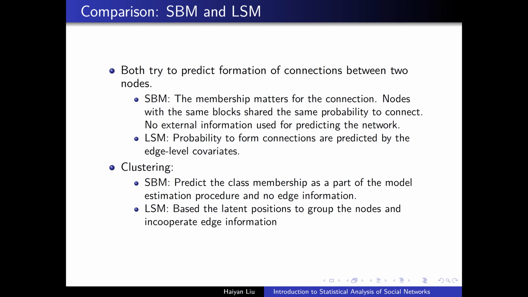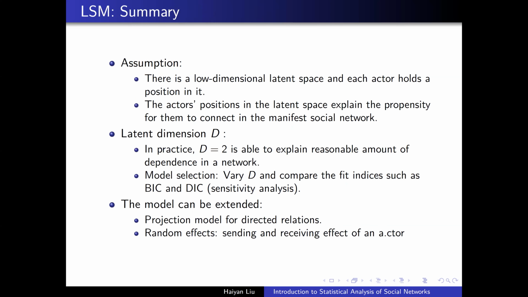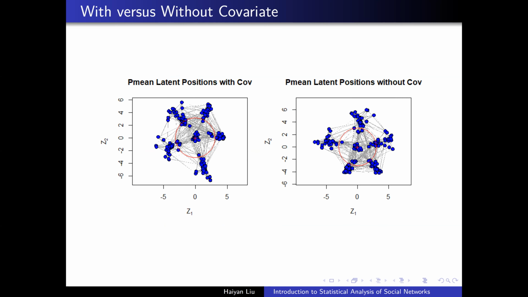For the latent space model, although we don't output a membership, we can obtain the latent position estimates, and then use the latent positions to do clustering. When we look back at the plot of the latent position estimates, we can notice a bunch of clusters. So both models can be used to do clustering.